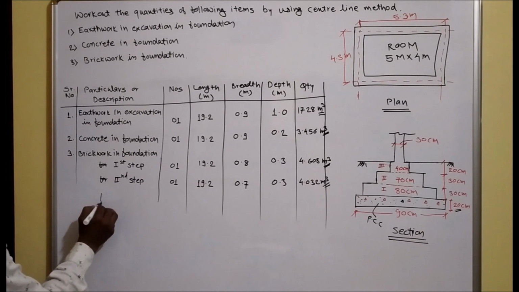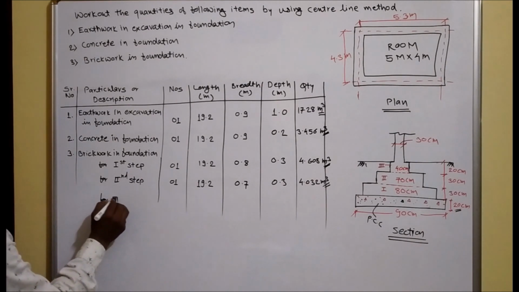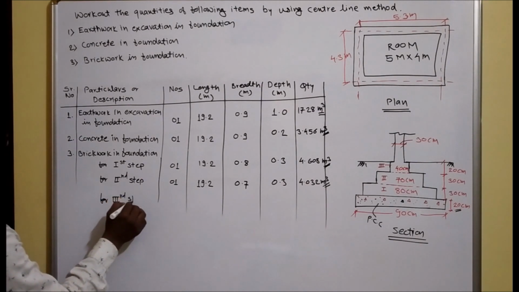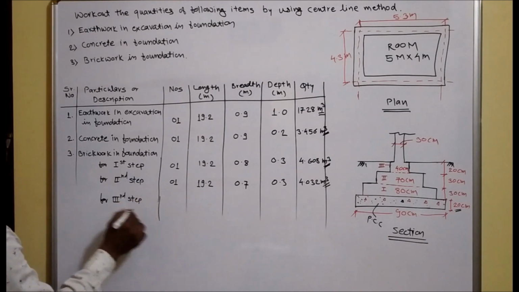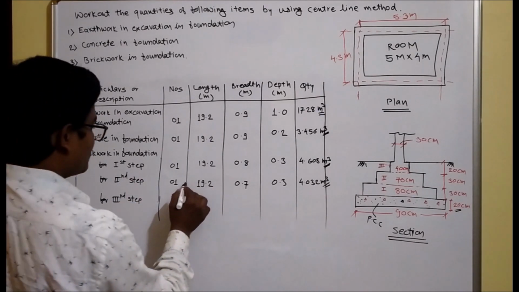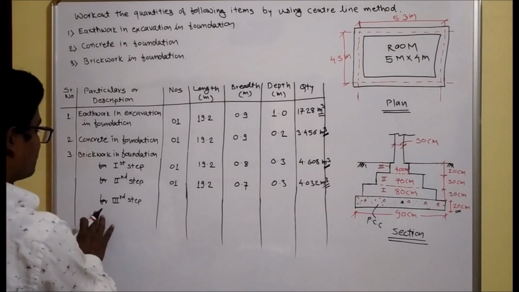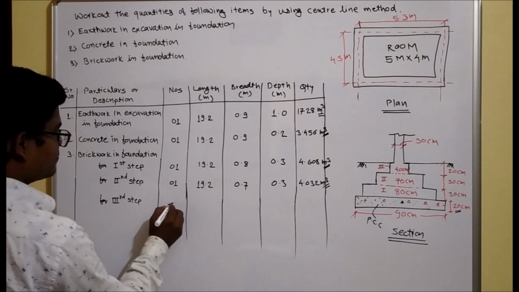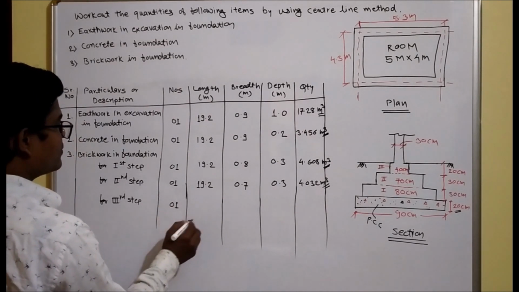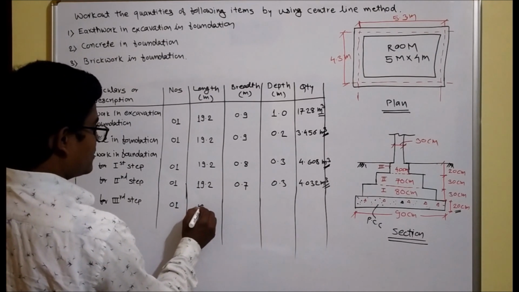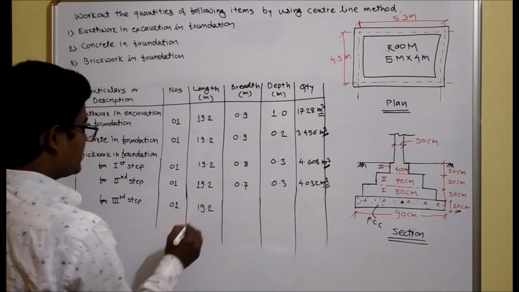And for third step, NOS is 1, the length is also same, 19.2 meter.